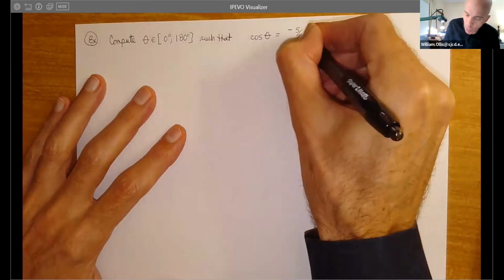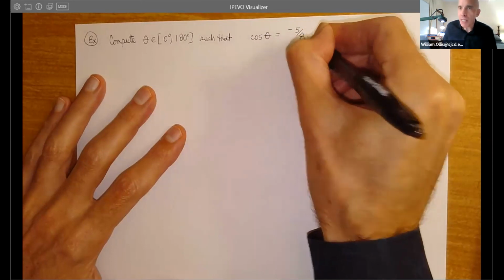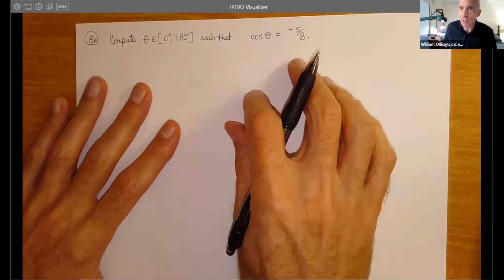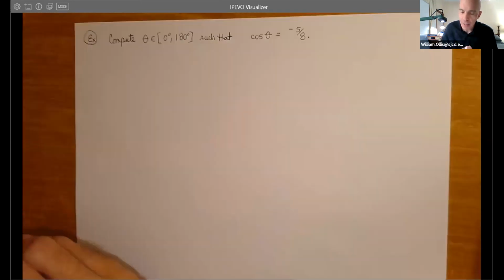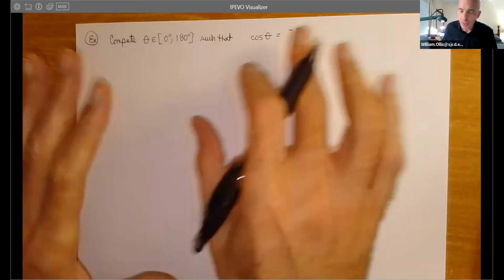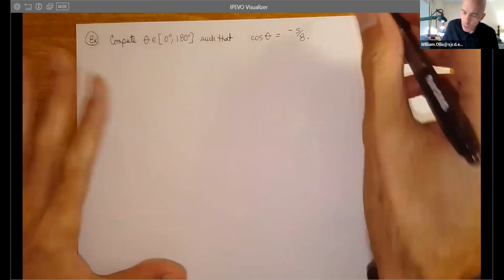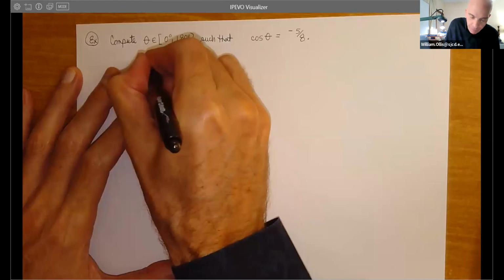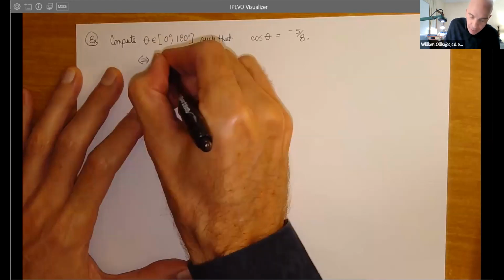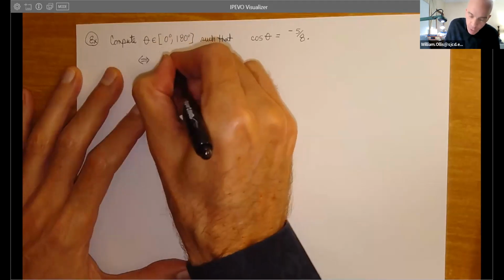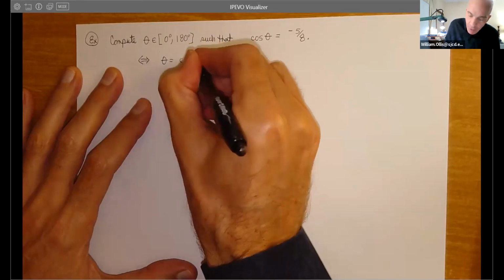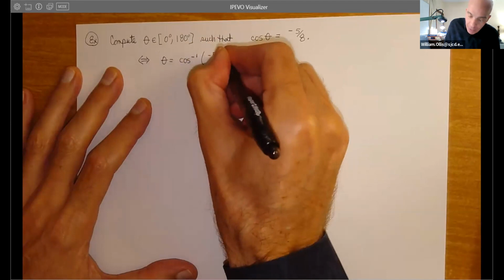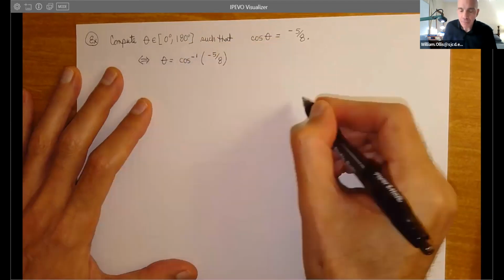I'm just going to throw in more negatives today. We don't get so many negatives with triangles, but just to help us out a little bit. Now, you look at this, and first we say, well, okay, if and only if theta equals inverse cosine of negative 5/8, okay?